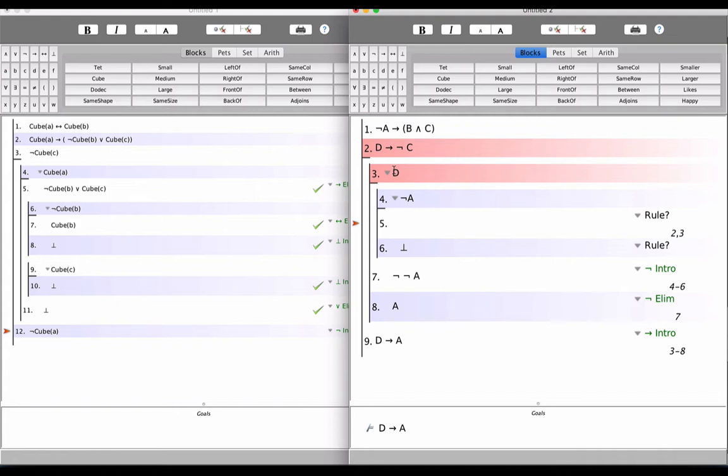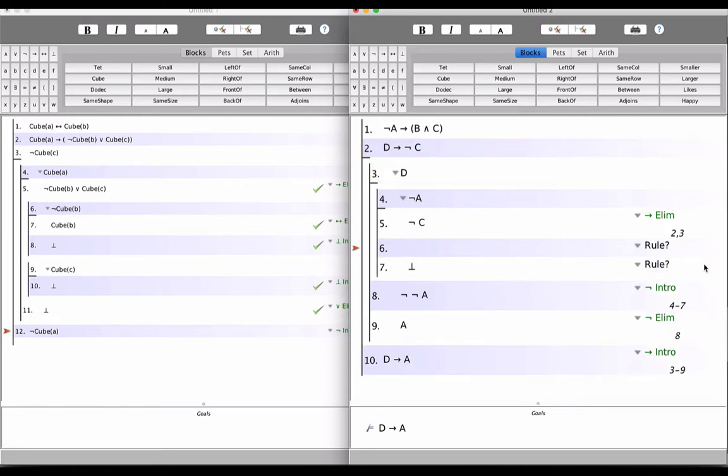So what I'm going to do, since I've already got lines 2 and 3 highlighted, is this. I'm going to infer not C. My justification is the elimination of the conditional at line 2 by the affirmation of the antecedent at line 3.